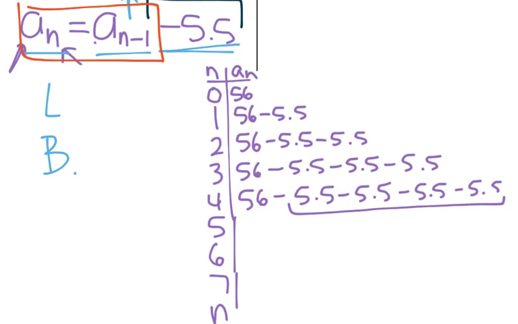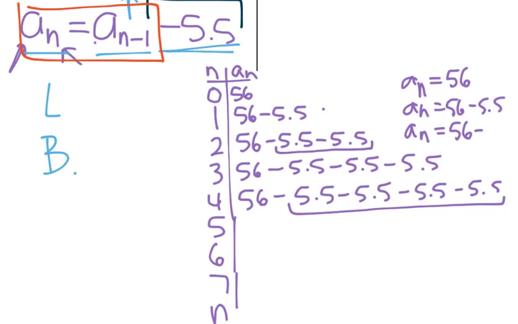Okay, so I look at this first one and I say that my output is going to equal just 56, right? Then for this number 1, my output equals 56 minus 5.5. But I don't want to keep writing 5.5. So for my second, is there a shorter way I can write minus 5.5 twice?